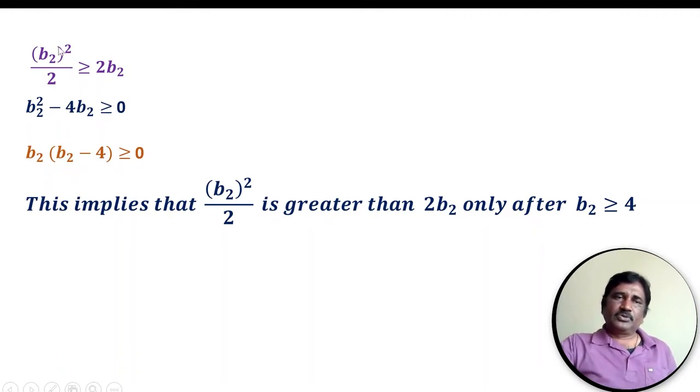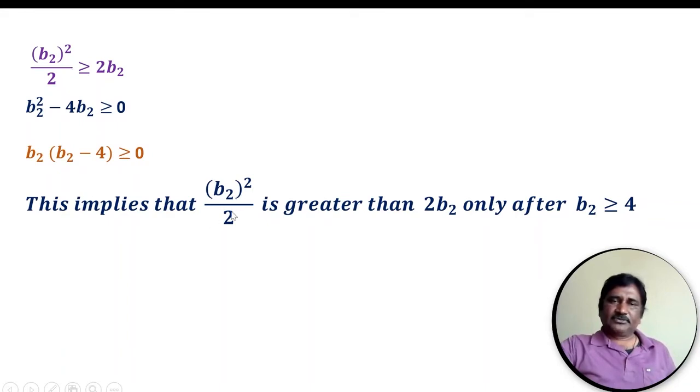Okay, if b2 is less than or equal to 4, this is higher, and if b2 is greater than or equal to 4, then this is higher, right?